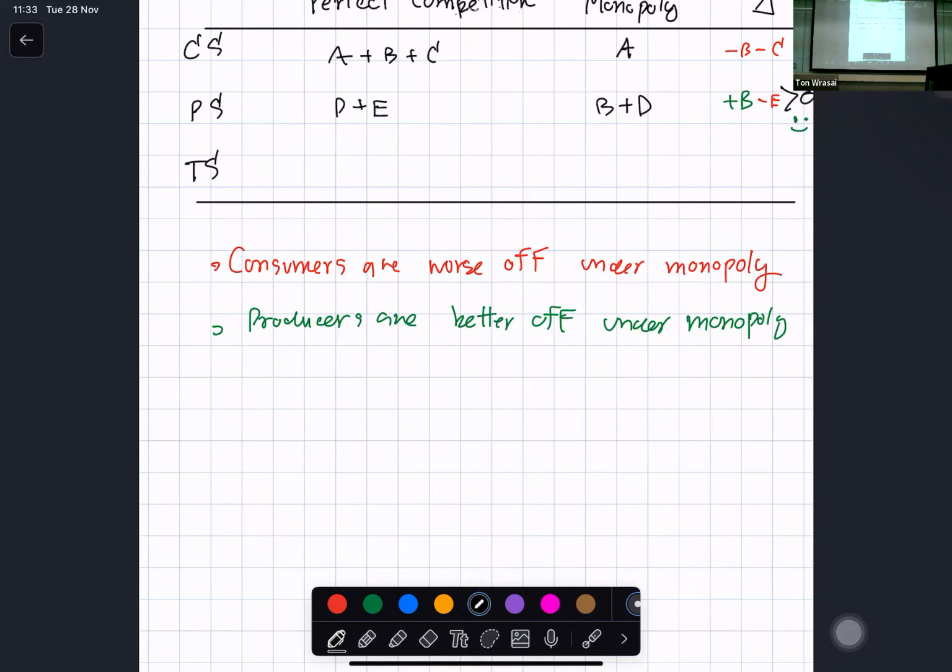Then total surplus under perfect competition, and total surplus under monopoly. Just sum them up.